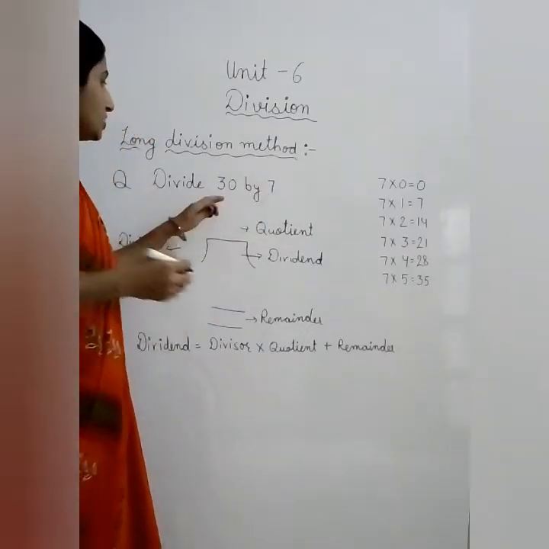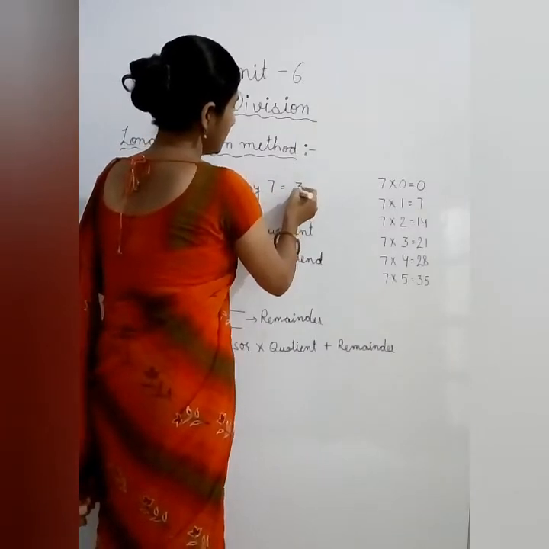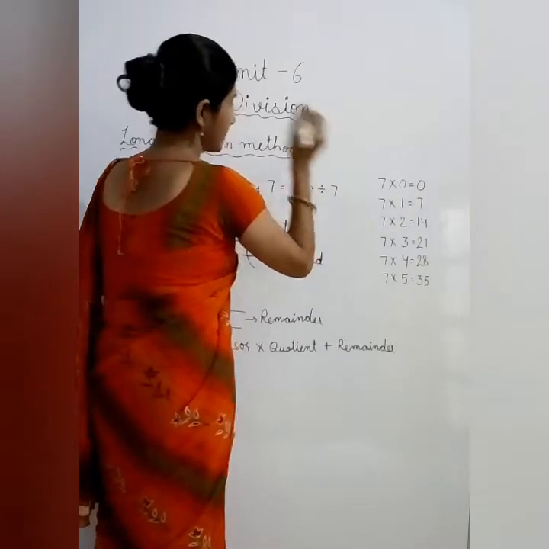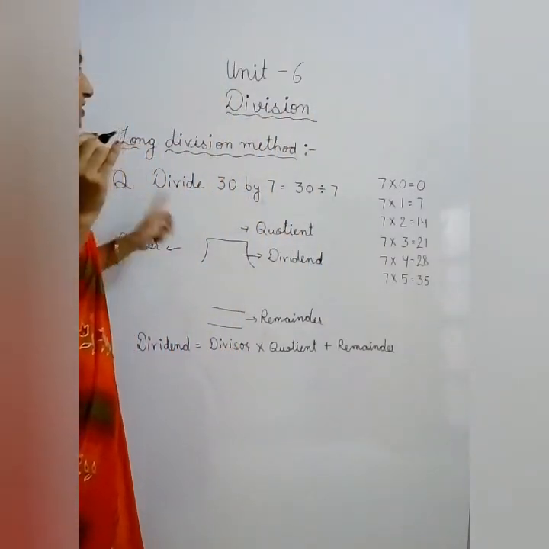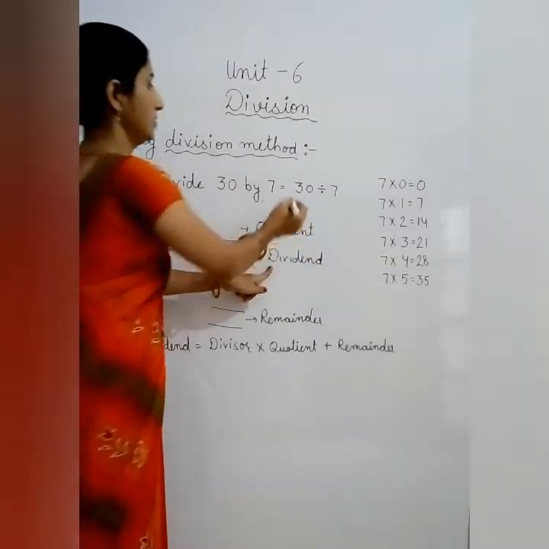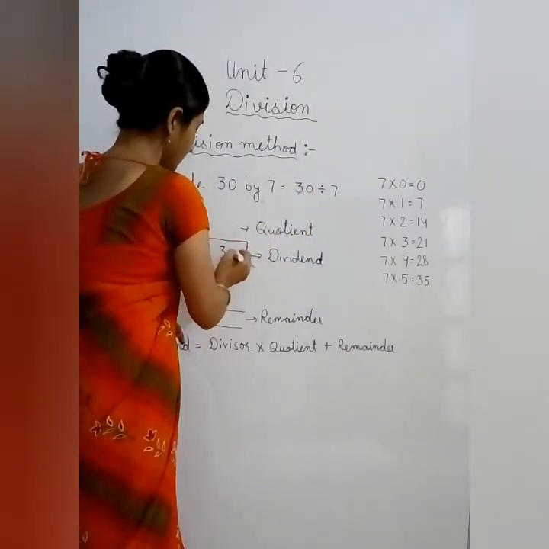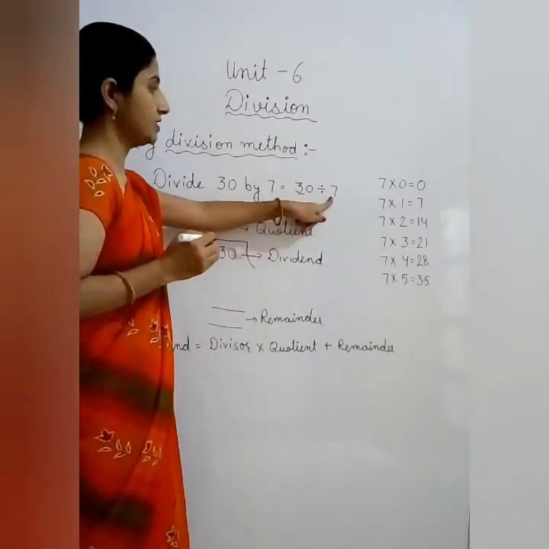Firstly, we write this question. In this question, what is our dividend? 30. So, we write 30 here. What is our divisor? Divisor is 7.